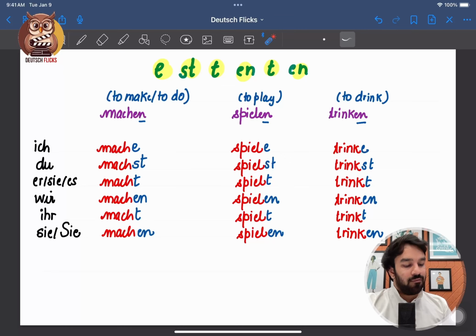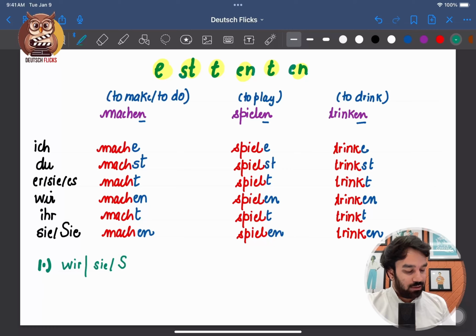Okay, so my first observation is that with wir and sie, are we really conjugating the verb? No, right? This is the base form of the verb, which is also called the infinitive form. So I'm just writing the infinitive form as it is.